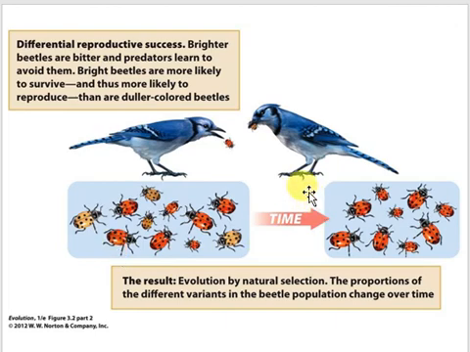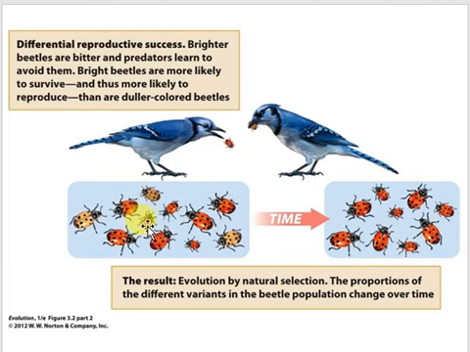So with our little beetles here, it turns out that these red beetles are actually very bitter in taste, and therefore they're avoided by predators. So instead, the predators will select for these dull yellow ones.